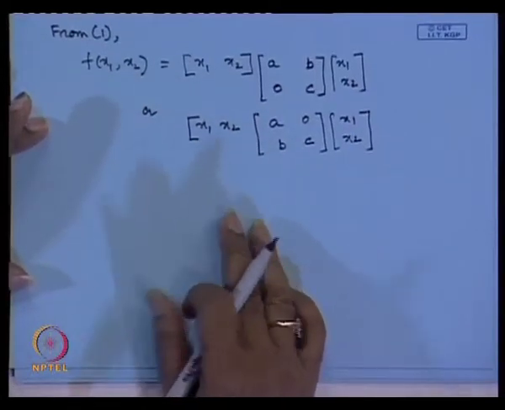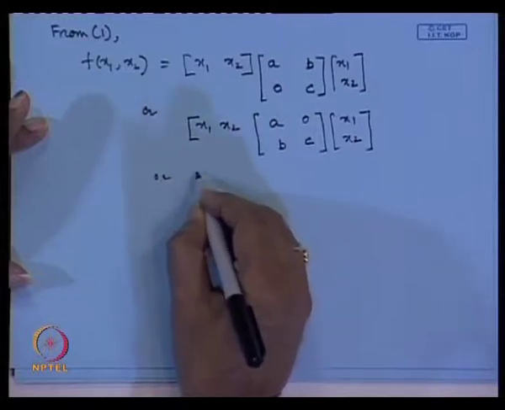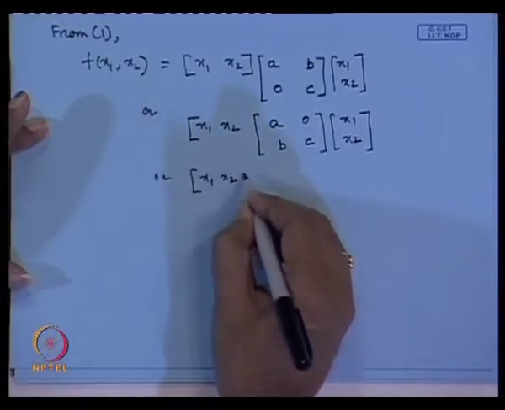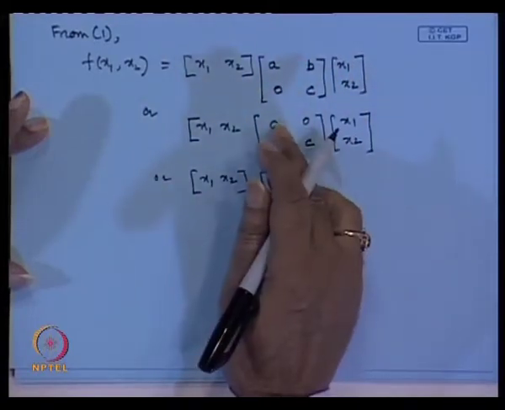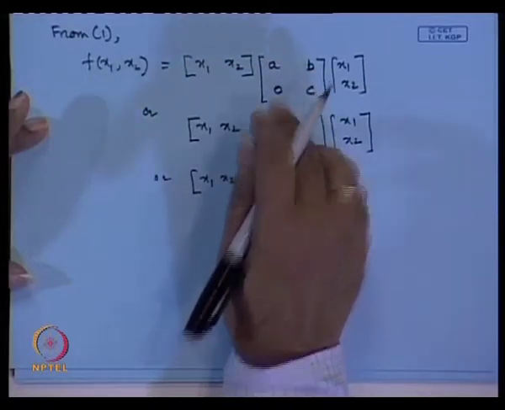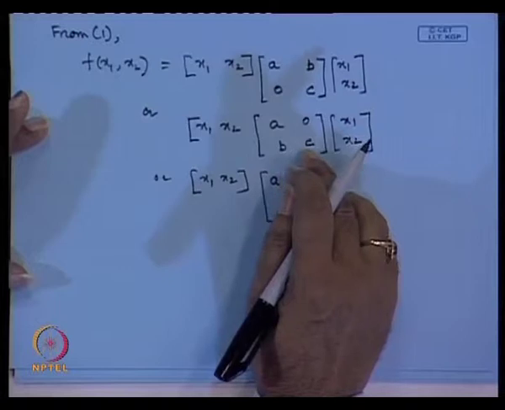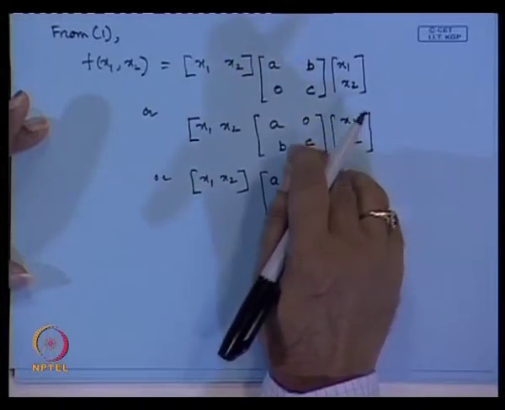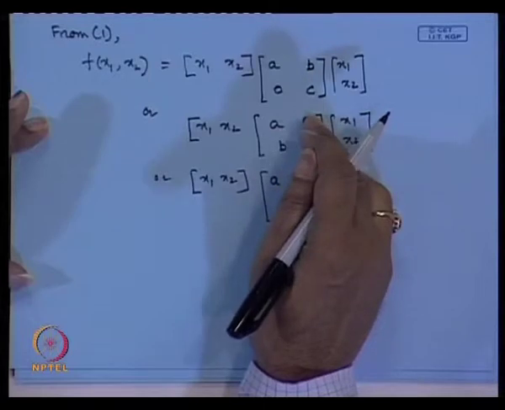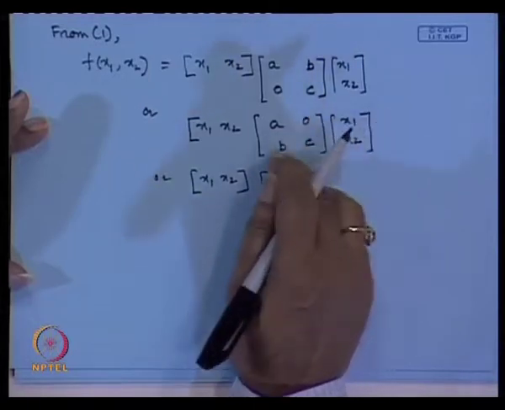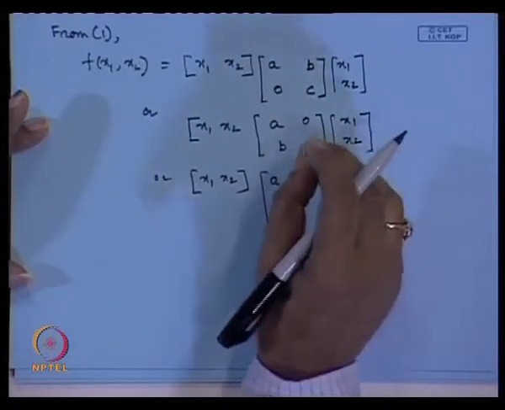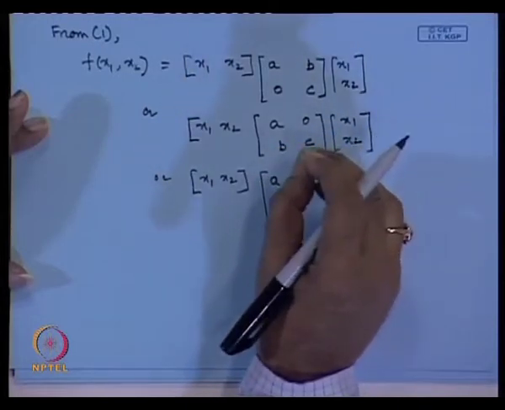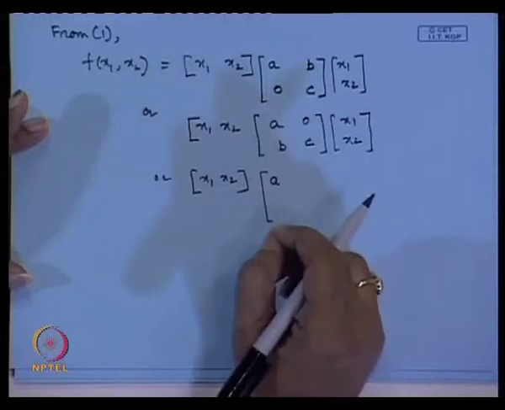Now, one can also write it like this way: there are an infinite number of choices for this matrix. I can write it here, because the x1 square coefficient is a, that will remain in the A11 position. The x2 square coefficient is c, that will remain in the A22 position, and the x1 x2 coefficient can be distributed among the off diagonal terms, such that the sum must be equal to the coefficient of x1 x2.